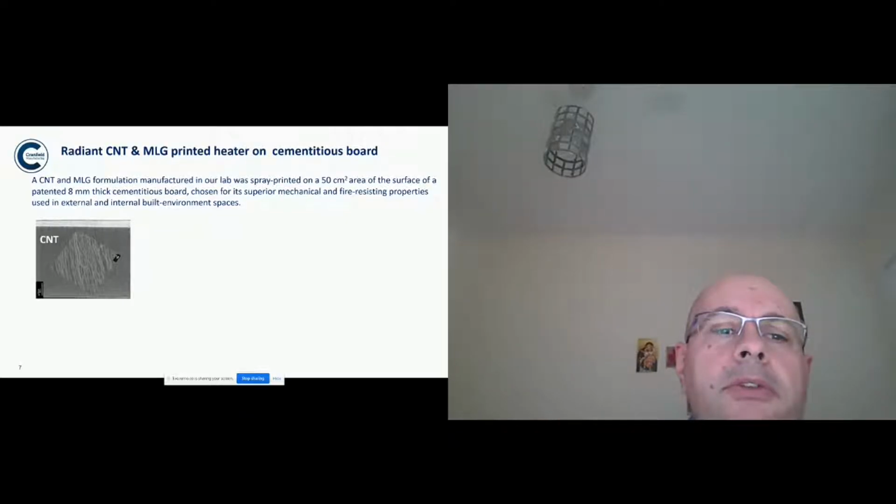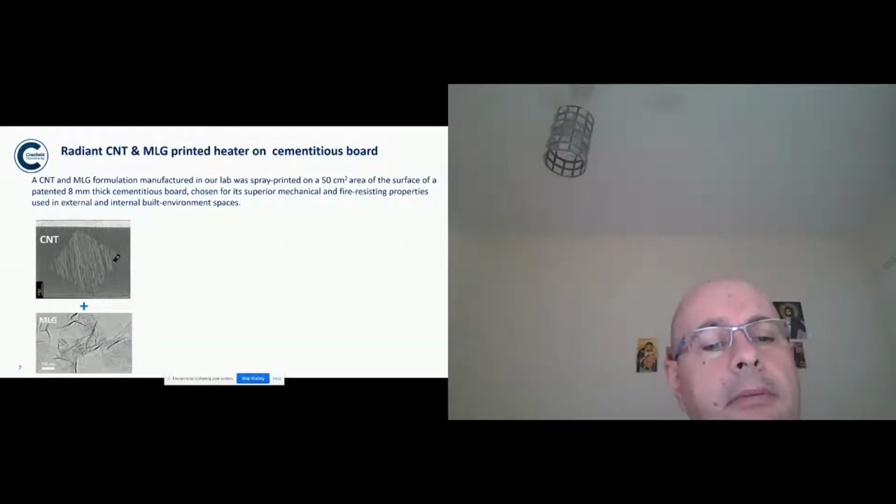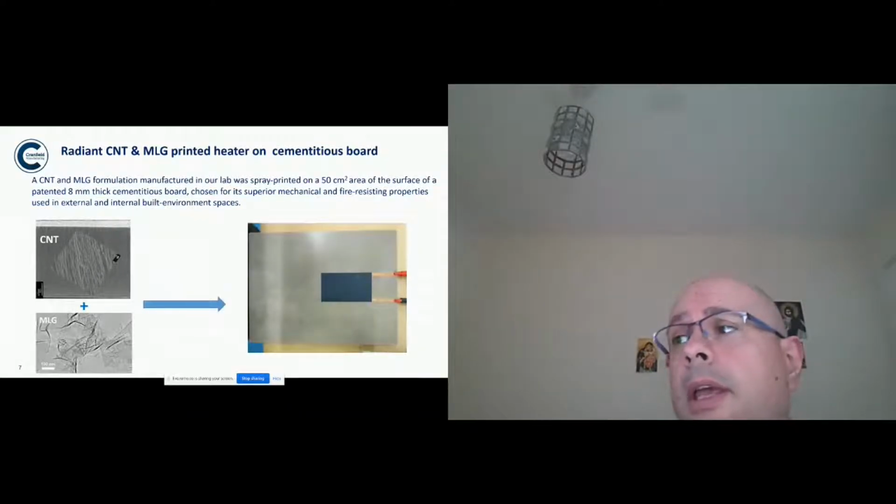Our formulation consisted of carbon nanotubes, which were developed in our laboratory with the team of Christoph Koziol, and multi-layer graphene, which were sourced. And within a toluene suspension, we created a formulation which was then spray painted onto the cementitious board, creating that surface area.